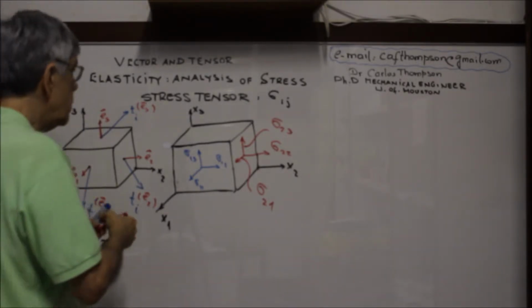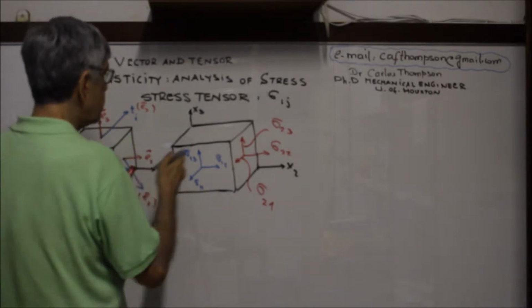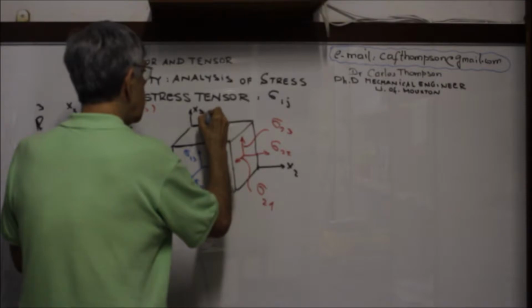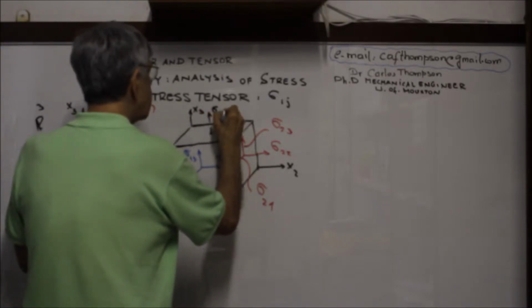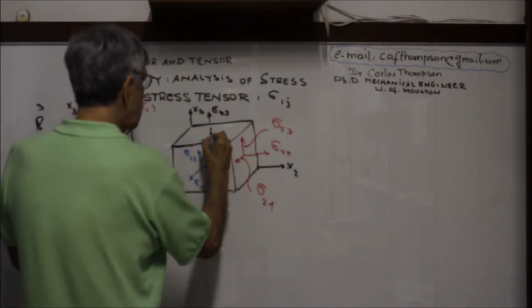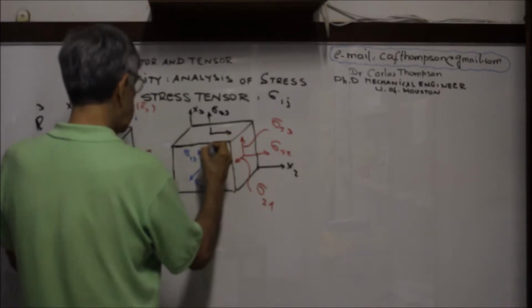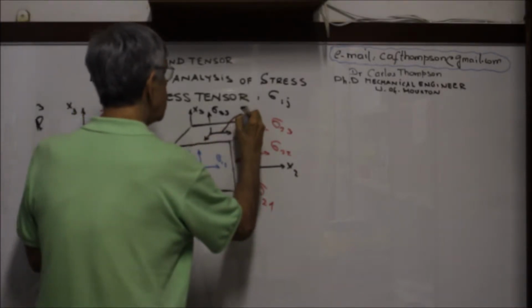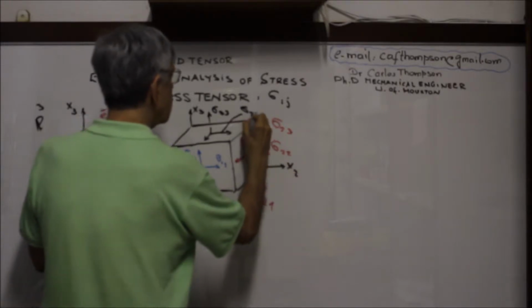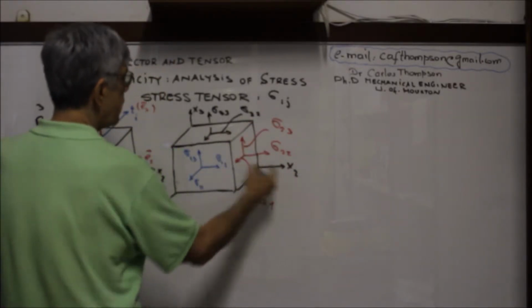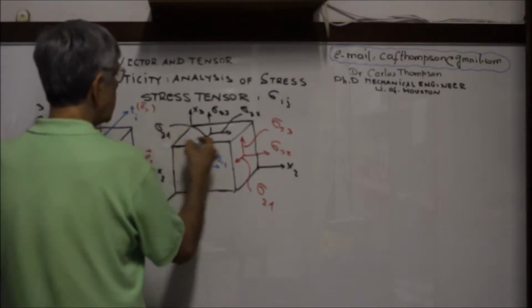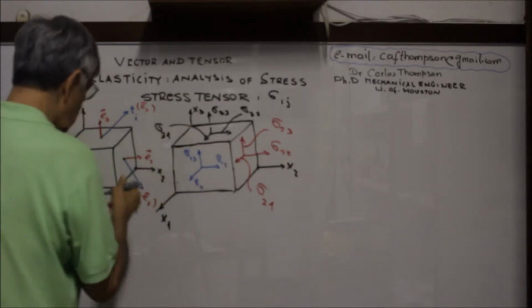So here we're going to write, let's put in black here. You see, this will be sigma 3,3. Now, here and here. This will be sigma 3,2. You see, it's parallel to x2, and this is sigma 3,1, because it's parallel to x1.